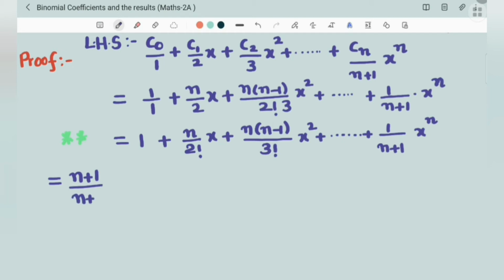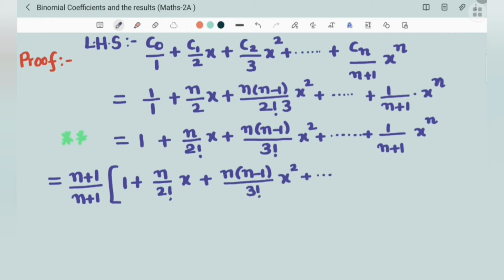We are multiplying and dividing with n plus 1. Remaining as usual: 1 plus n by 2 factorial into x plus n into n minus 1 divided by 3 factorial into x square plus and so on 1 by n plus 1 into x power n.